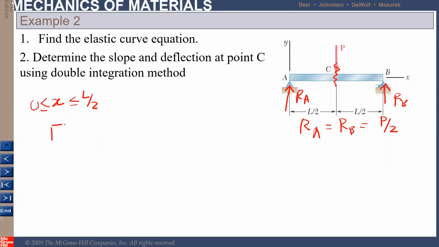Then we will get a beam condition in which we have RA over here, which is equal to P/2, and then a moment here that we need to determine, and also we have a V here, which is unrelated, but nice to have.